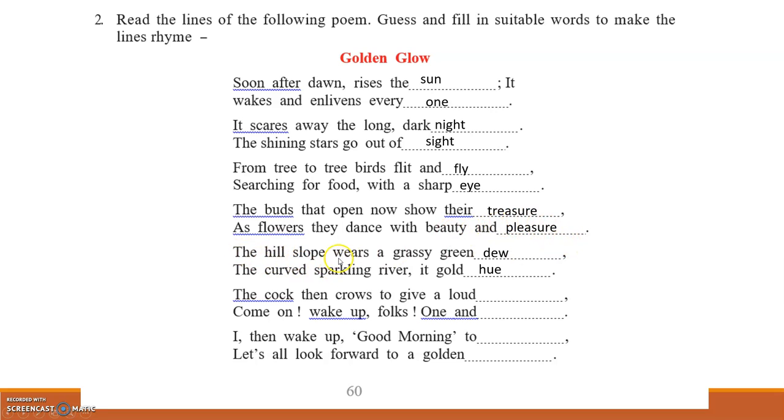The hill slope wears a grassy green dew. The curved sparkling river, its gold hue. Now the rest you're going to do on your own. Try to put some rhyming words. It's easy. You can read the line and think of what word you can put, okay? It should be rhyming words.